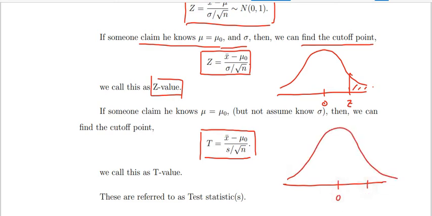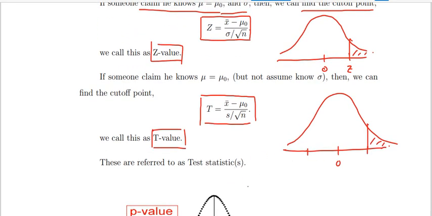If the cutoff point is here, then this is the p-value, or if the cutoff point is here, then the p-value is this. This is the t-value. So for the z-value we check a z table, and for the t-value we check a t table. We call those cutoff points the test statistic.